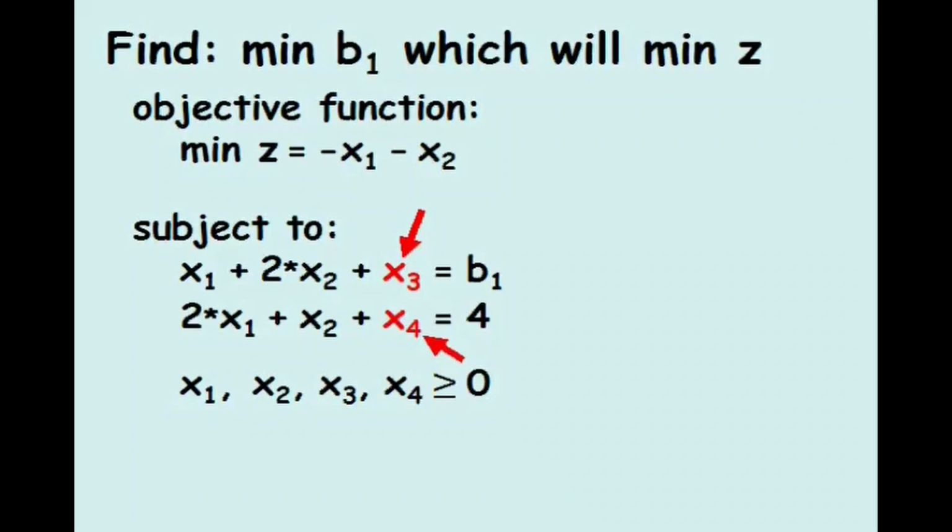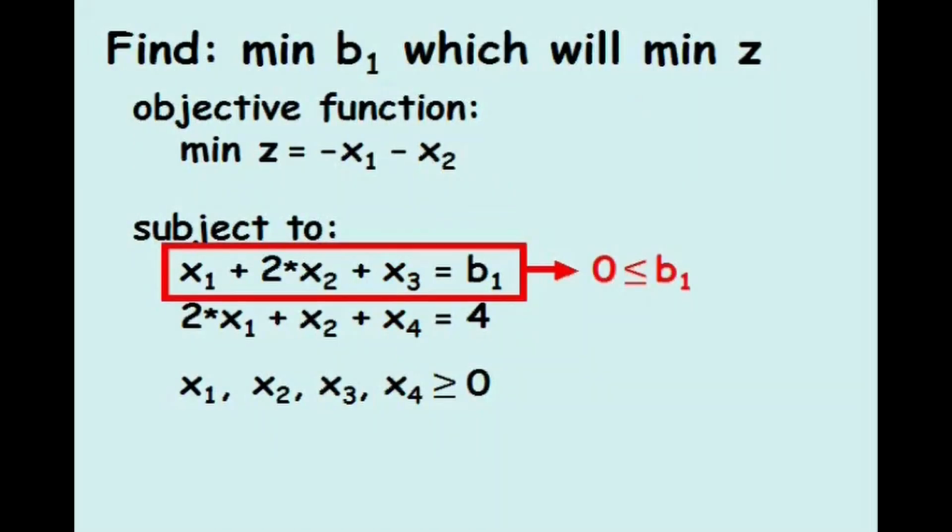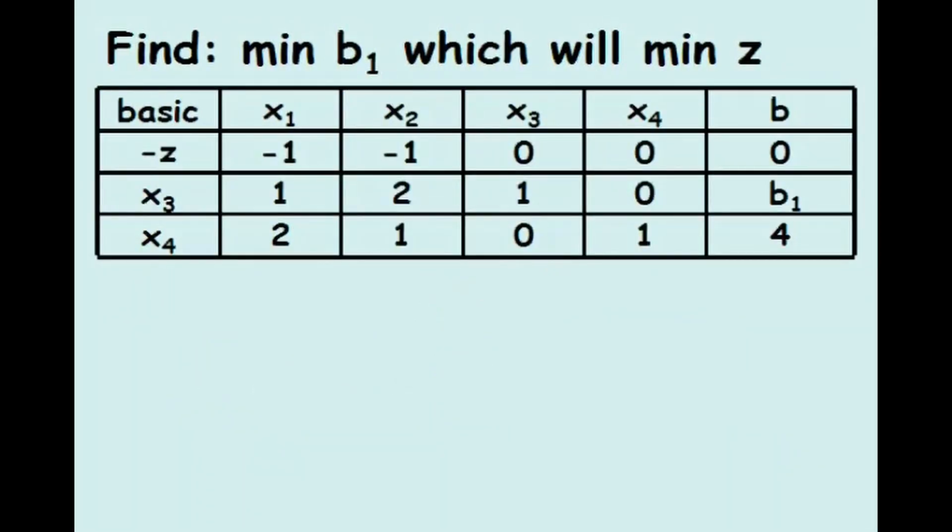Since all x variables are non-negative, the first constraint indicates the minimum value of b1 is 0. Next, we'll set up the tableau shown here in its entirety, with the two slack variables x3 and x4 as the basic variables, equal to the rightmost column, column b.